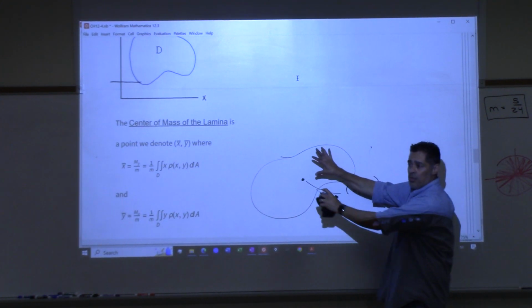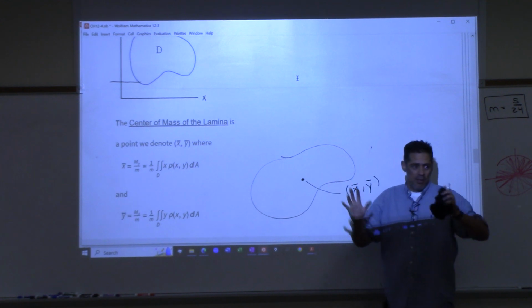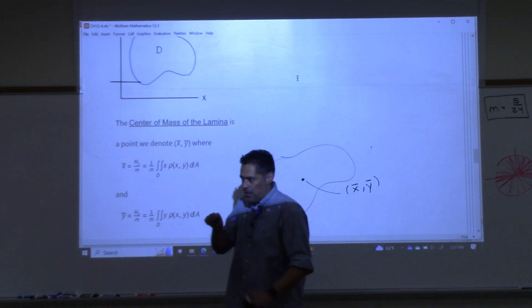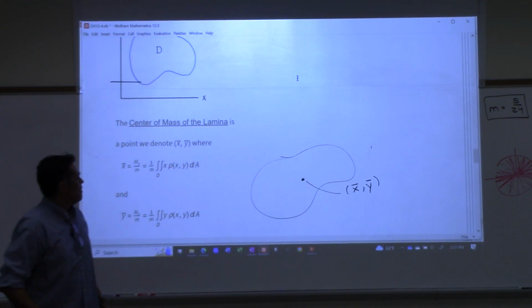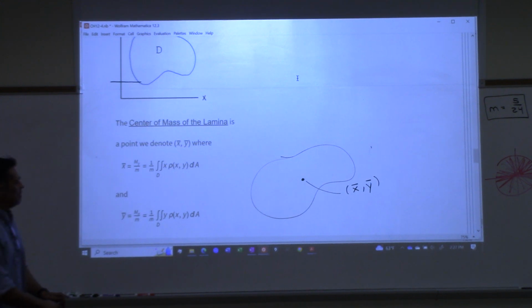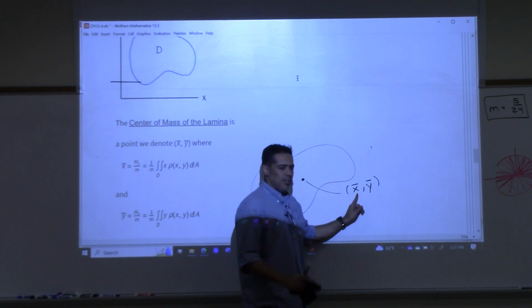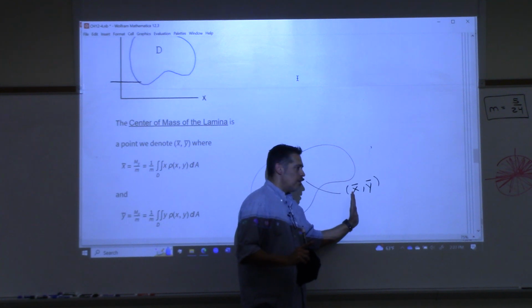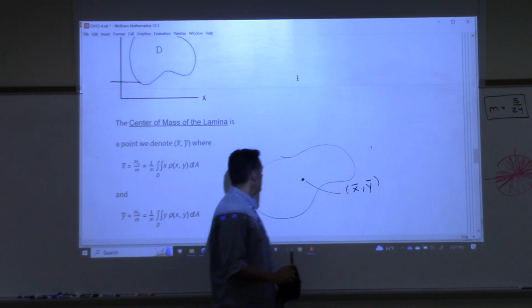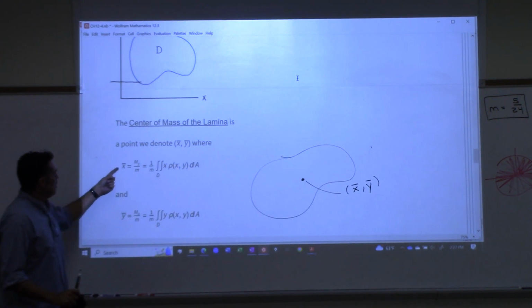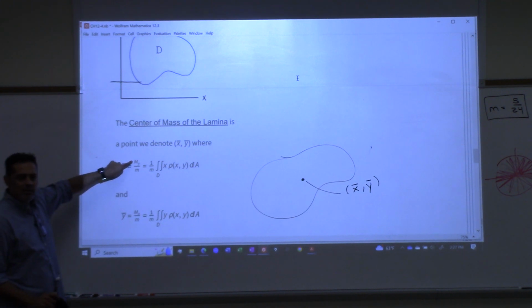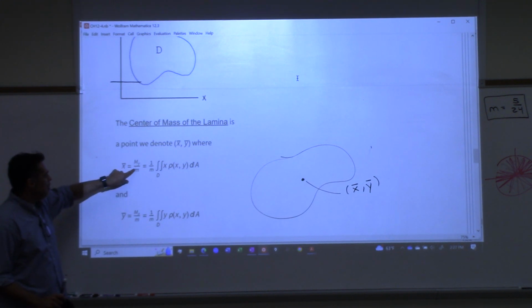And remember, this is a non-uniform density, so you can't assume it's the center of the object. It could be somewhere else. To calculate the x bar and the y bar, you have to do them separately. First you find x bar, the x coordinate, then you find the y coordinate. To find the x coordinate, you take the moment about the y-axis and you divide it by the mass.